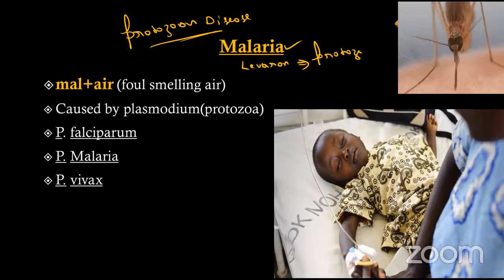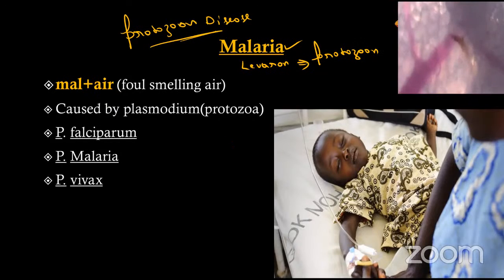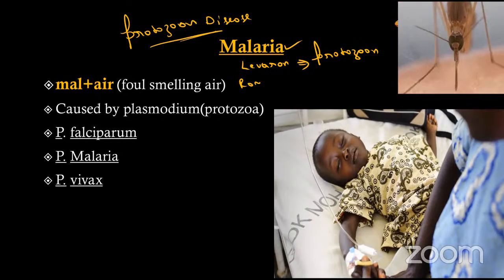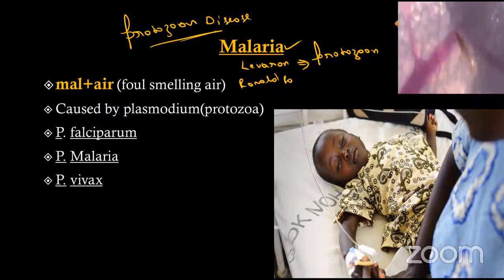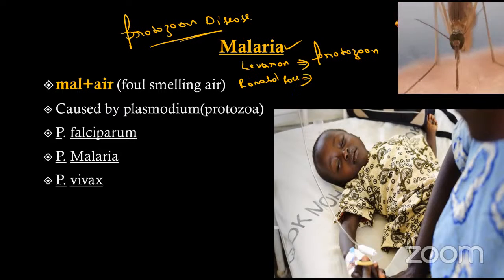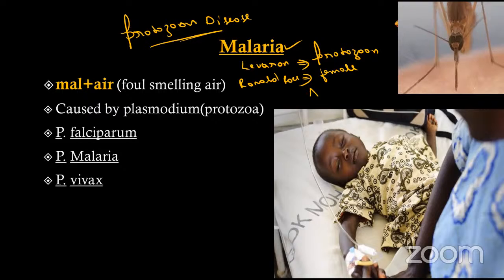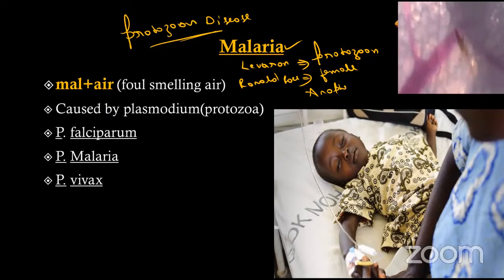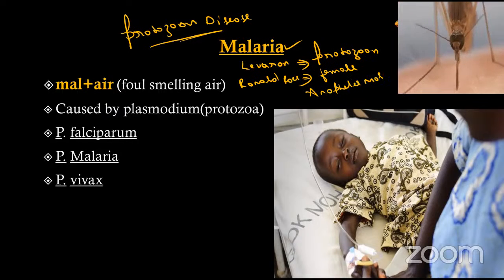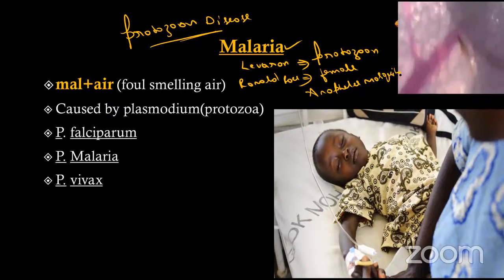Another scientist called Ronald Ross told that it is transmitted through the female Anopheles mosquito. So why, students, does only the female mosquito cause the disease? Why not the male mosquito?